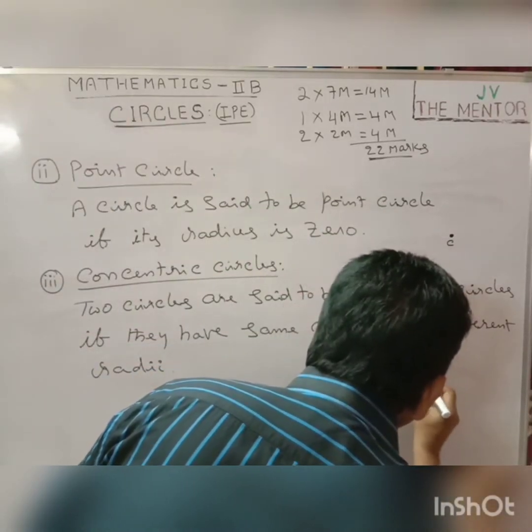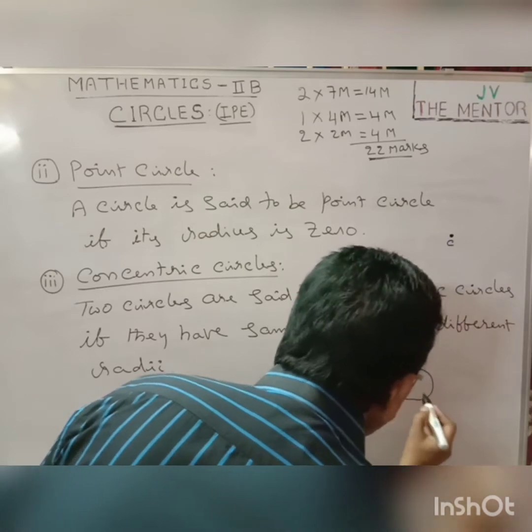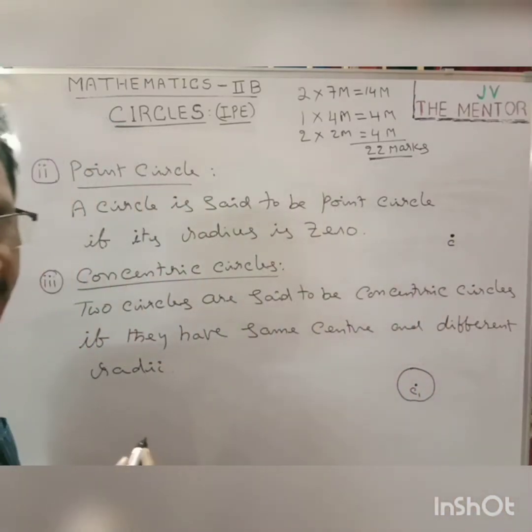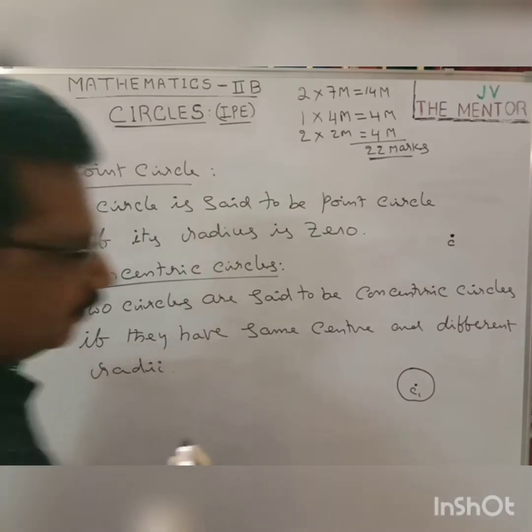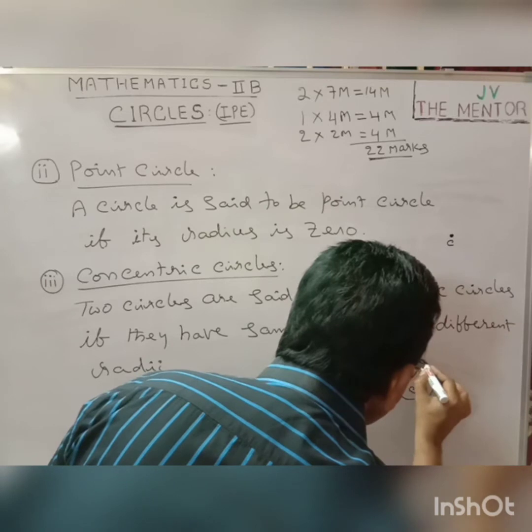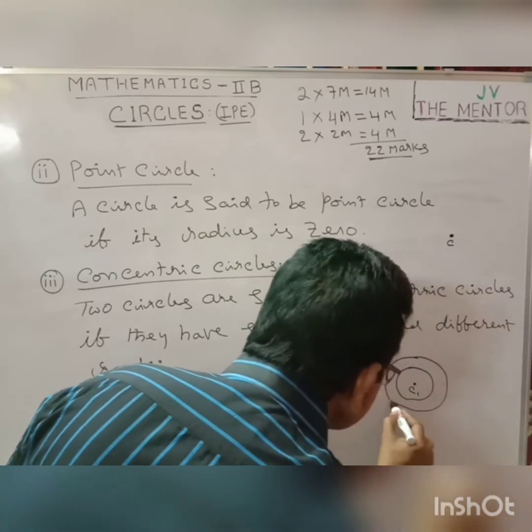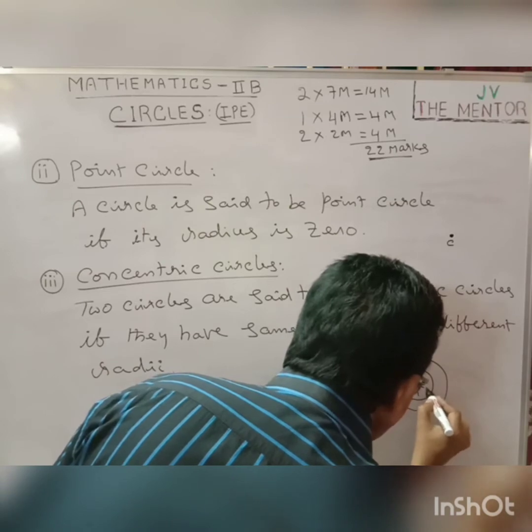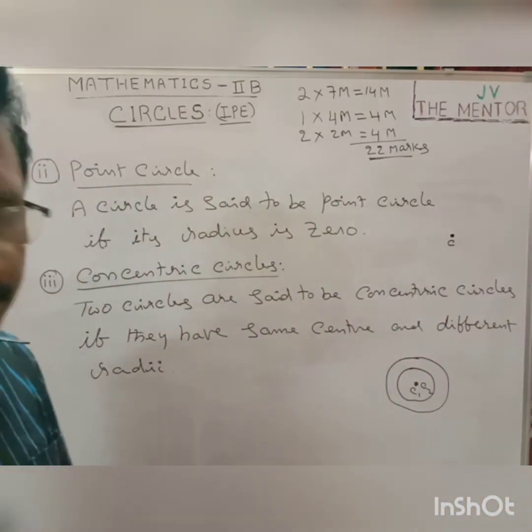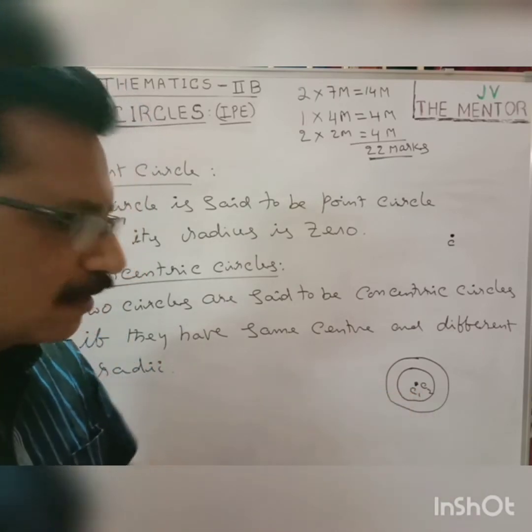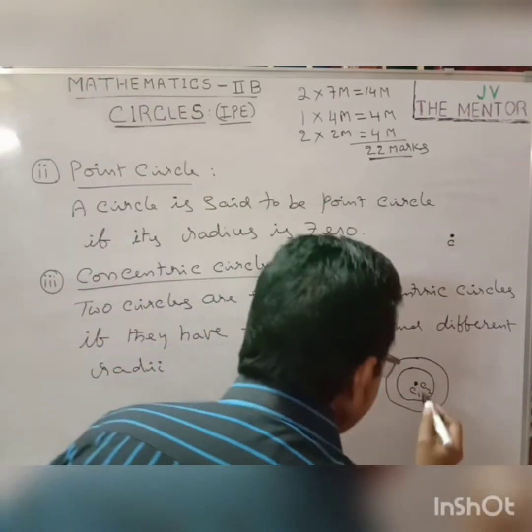Here, C1 is the center of the first circle. This is the second circle. C2 is the center of the second circle. These two circles have the same center but different radii.